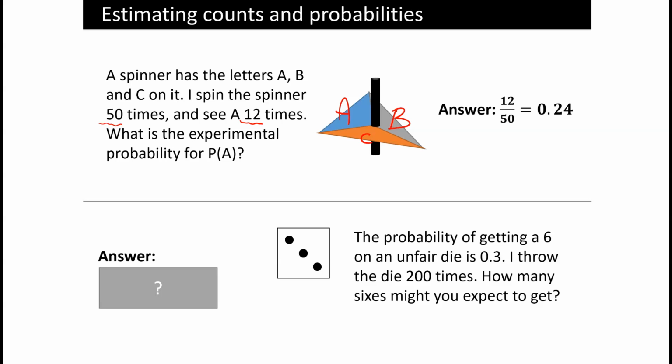Well, if you decided that you would do 0.3 times 200, you would be absolutely correct. You would expect, and it is only an expectation, remember, it's estimating, from experiments rather than theoretical, to get a 6 60 times. You've basically done 200 times 0.3. Okay, so there's a couple of examples.